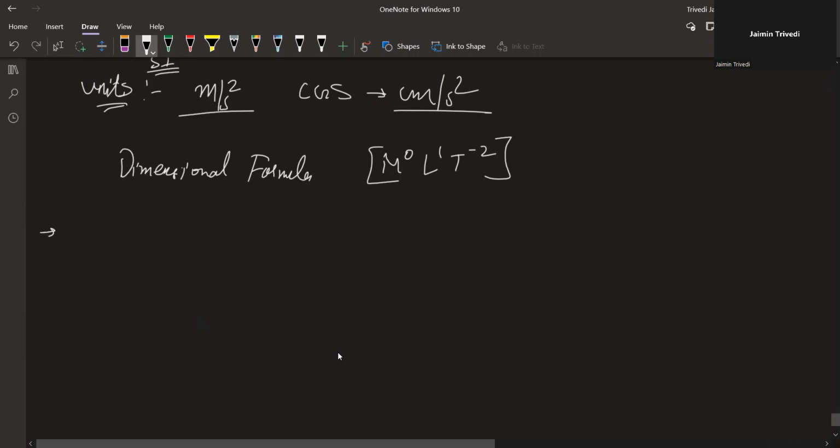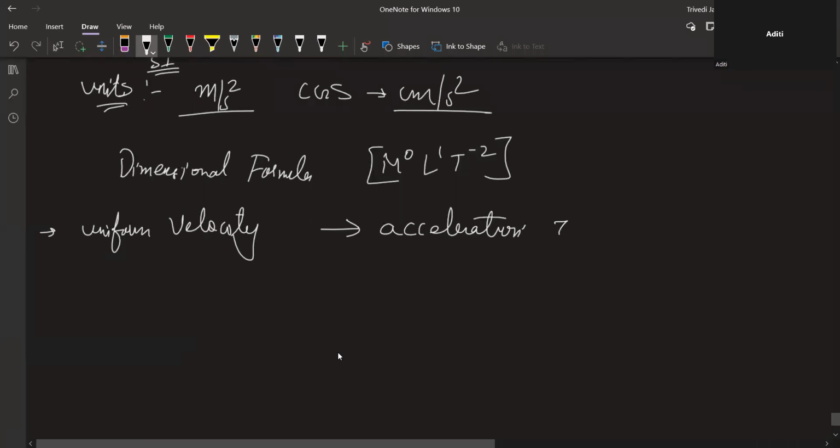Suppose a body is moving with uniform velocity, so what will be its acceleration? Zero. What does it mean?